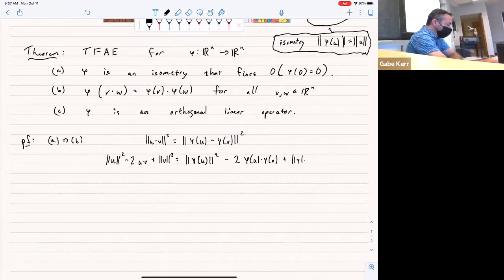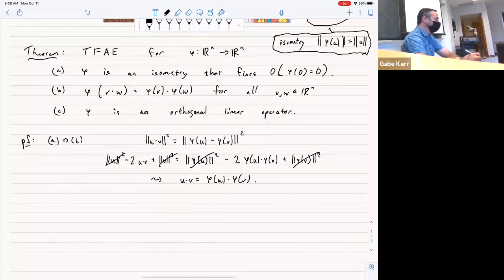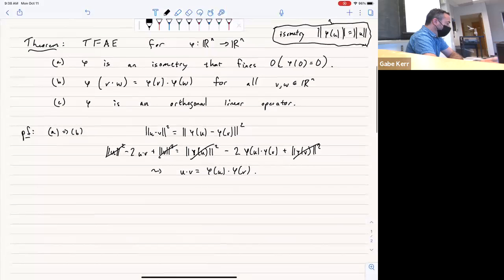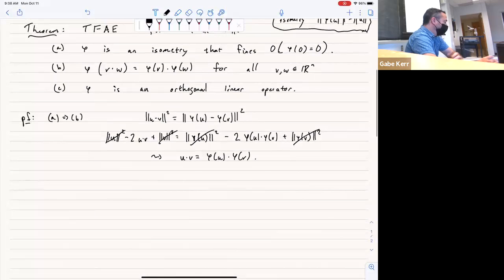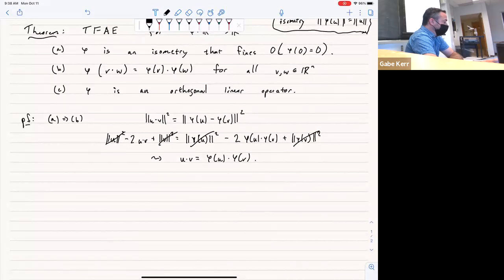Now, since this is true for any vector, it's true for U, V and U minus V. So we can cancel these out, and divide by negative 2, and we get U dot V. Maybe that's just a trick, remembering that norm squared, or magnitude squared, is something dot itself.